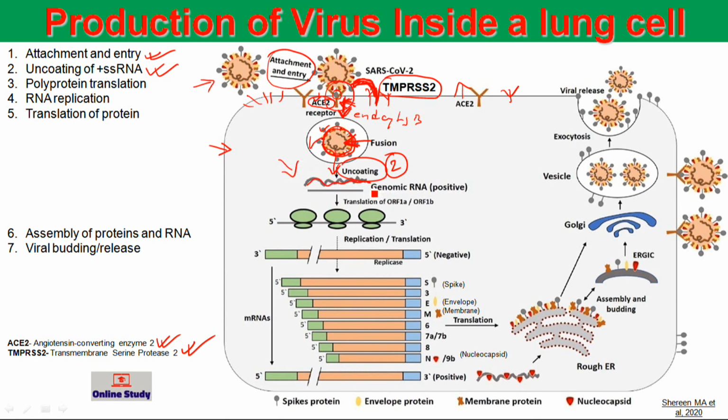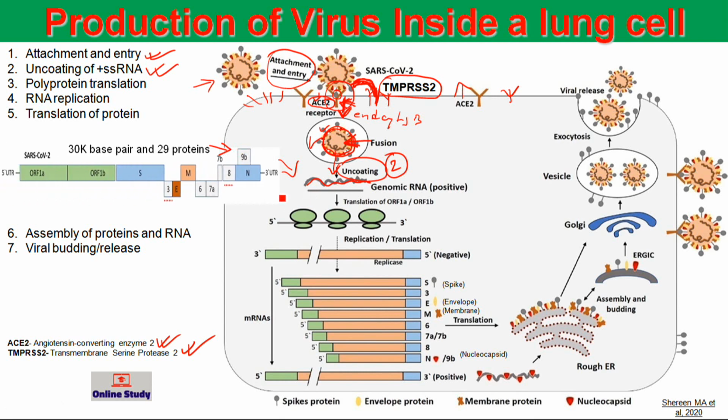And this single-stranded RNA mainly comprises 30,000 base pairs, compared to our own genome, which is 3 billion base pairs. And this virus's mRNA can produce at least 29 proteins up to date.